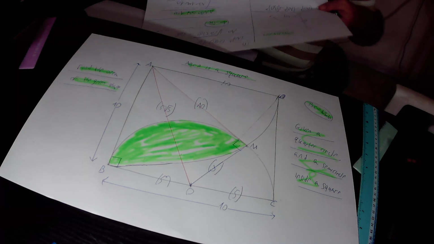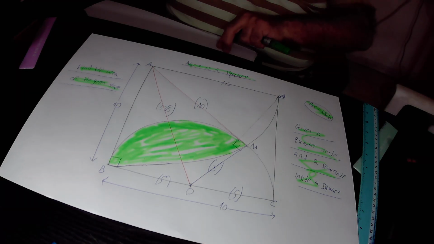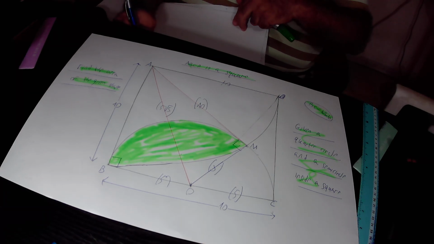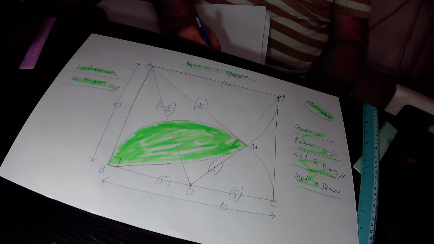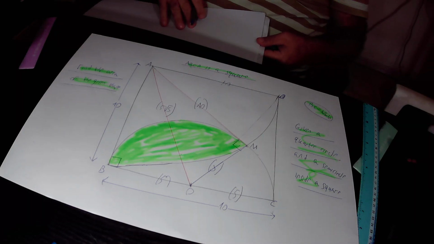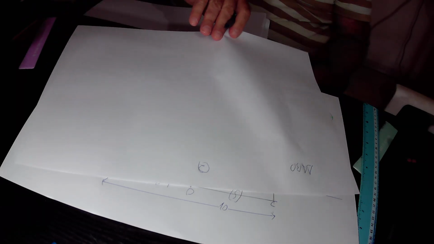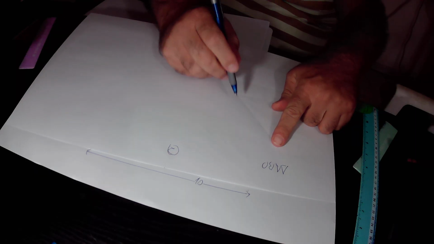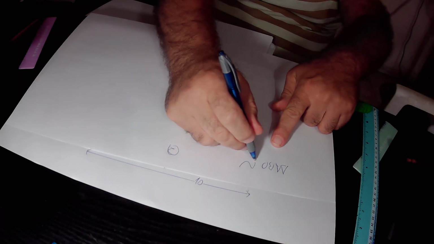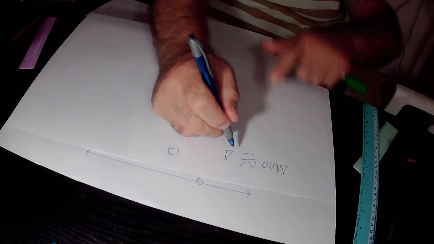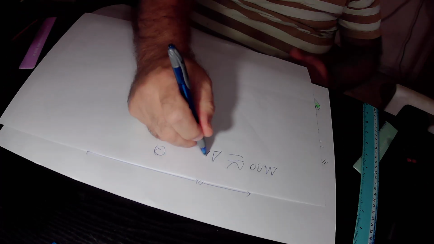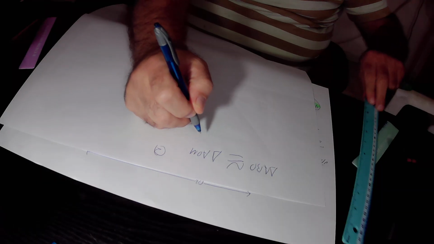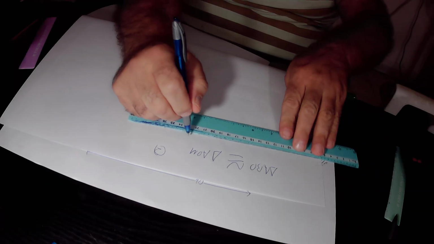So we can write that the right triangle ABO is congruent, this is the sign of congruent, to the right triangle AOM according to the side rule.